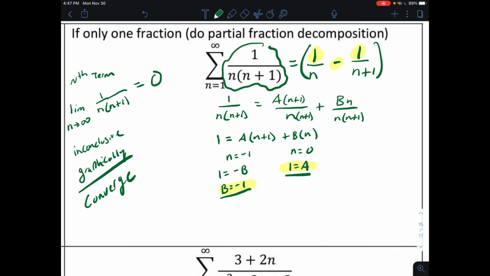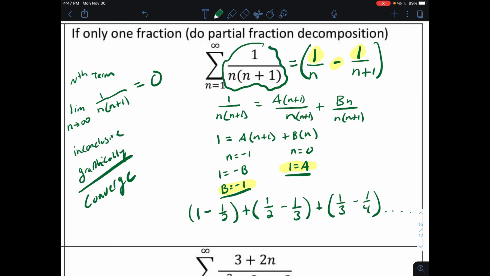So let's start expanding and writing our terms. We put in 1 for n, and we'd have 1 minus 1/2 as our first term. Then plus, putting in 2, we'd have 1/2 minus 1/3. Then plus, putting in a 3, we get 1/3 minus 1/4, and this would continue on forever.